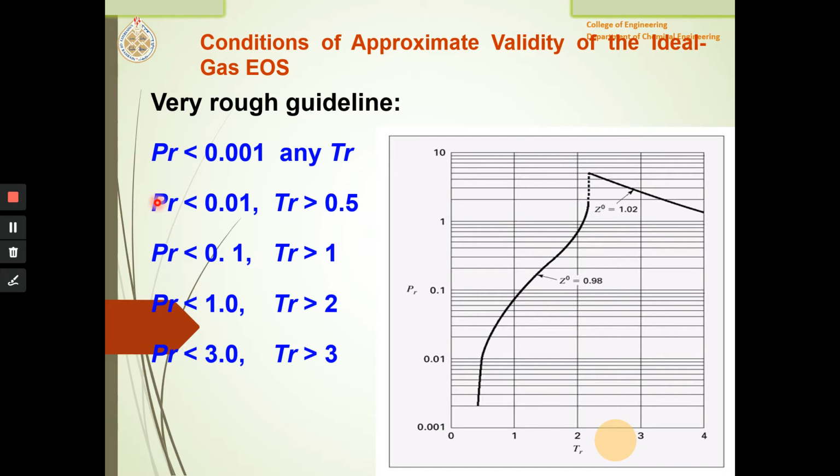Another example: PR less than 0.01, but TR greater than 0.5. Look here, TR greater than 0.5, but PR less than 0.01. Again, we are describing this region. PR less than 0.1, which is here, and TR greater than 1. So I'm covering all this region through expressions.